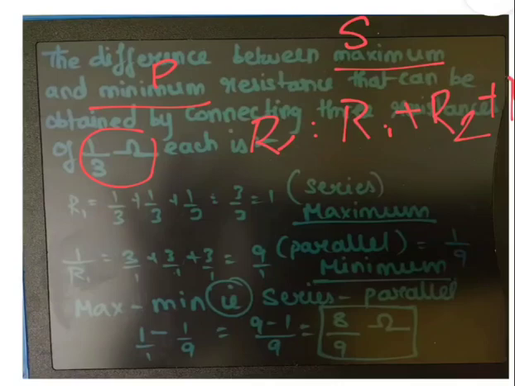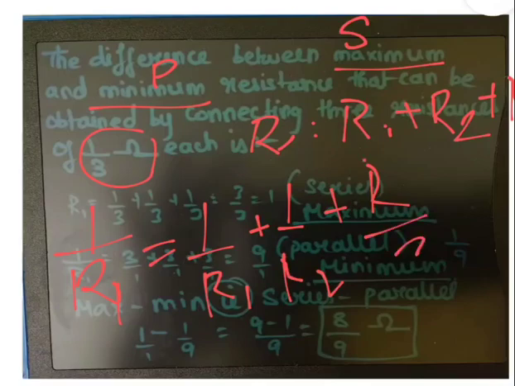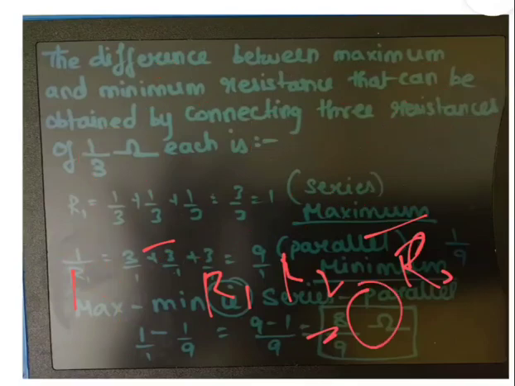Whereas the formula for parallel is that 1 by Rp is equal to 1 by R1 plus 1 by R2 plus 1 by R3. After this you will put this in the reversed way. That's why you will get the proper answer.